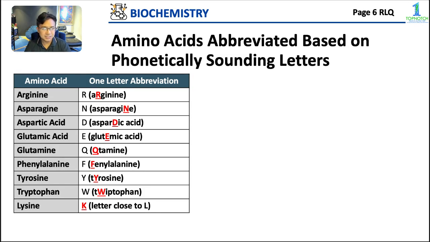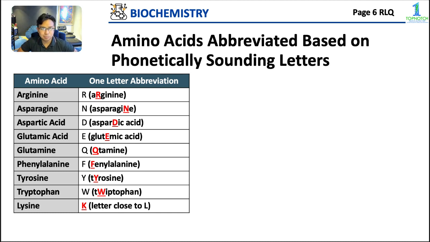Now, amino acids can also be abbreviated as one-letter abbreviation. Now, madali lang sila for most of them. Okay, kung ano yung first letter nila, yun na sila. Kaso in these following amino acids, they are abbreviated based on phonetically sounding letters. Like for example, arginine is R, kasi arginine siya. Asparagine is N, kasi asparagine.